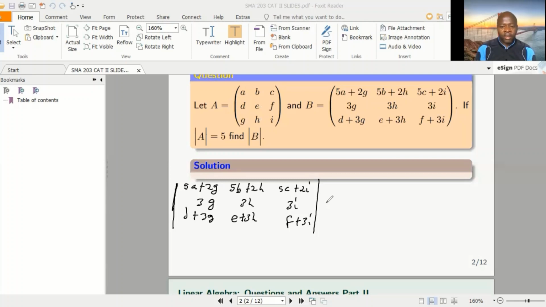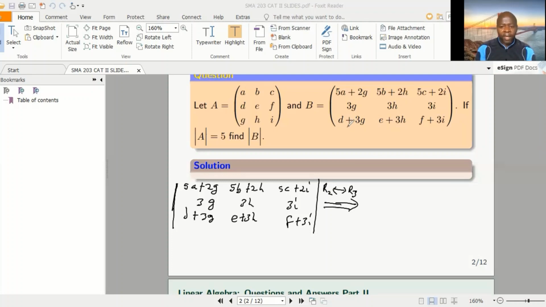That means the first thing I can do is to interchange row 2 and row 3. Oh, what did I say? I said D, E, F in the fourth row, not fourth, the third row.